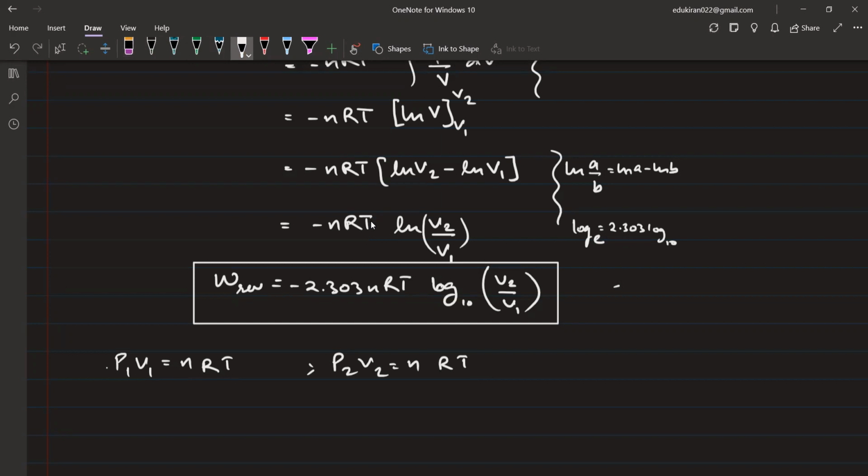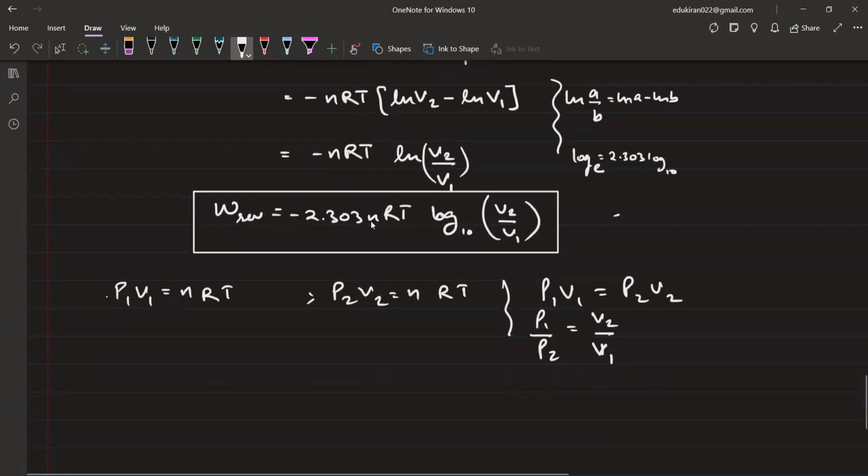So we can write P1 V1 will be equal to P2 V2. I can also write P1 upon P2 will be equal to V2 upon V1. Then we can plug this in: W reversible is equal to minus 2.303 nRT log base 10, and rather than V2 upon V1, we can write P1 upon P2.